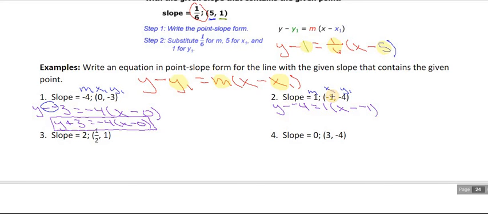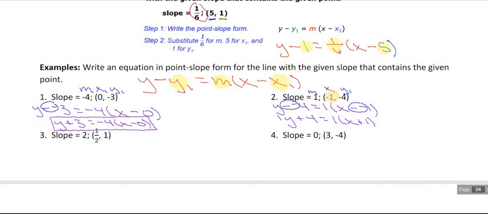So we've got 2 double negatives that need to be fixed here. So this y minus -4 is going to turn into y plus 4. X minus -1 will turn into x plus 1. So our final result here is going to be y plus 4 equals 1 times the quantity x plus 1.